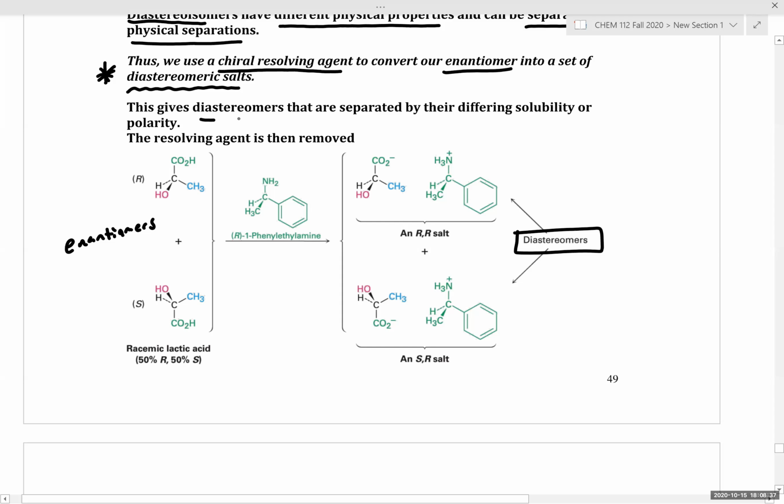These diastereomers can be separated by their differing solubility, and then the resolving agent can be removed. So this is practically how often enantiomers can be resolved or separated. Resolution, in my opinion, is one of the more elegant methods of purifying and separating enantiomers because it can often be done in a single crystallization step.